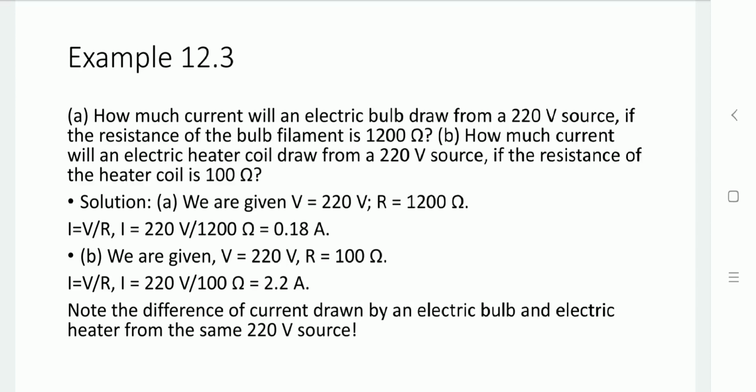Place the values of voltage and resistance in the same current equation, V by R. So we are able to get the current value 2.2 ampere. So we can say, if the resistance value is different, the current is different.